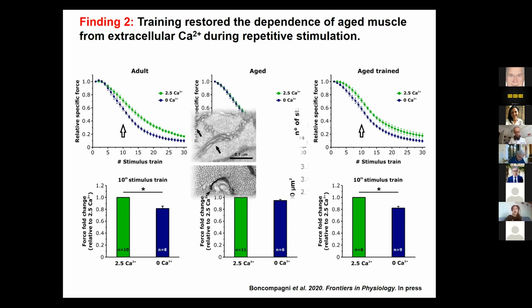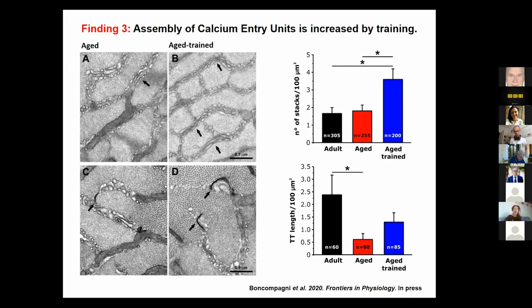To do so, we analyzed with electron microscopy the two main components of calcium entry units: the number of stacks per area, and also the length of the transverse tubular network at the I band after staining with ferrocyanide.